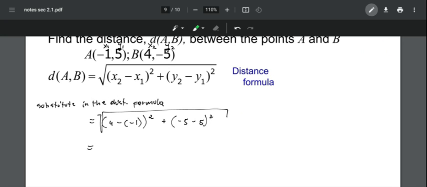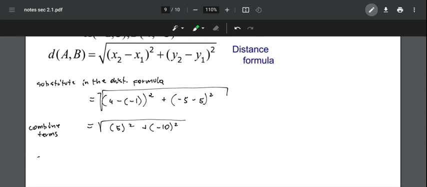So next, we want to combine like terms. So combine terms and simplify. So we have 4 plus 1, which is 5 to the second power, plus negative 5 minus 5, that will give us negative 10 to the second power.